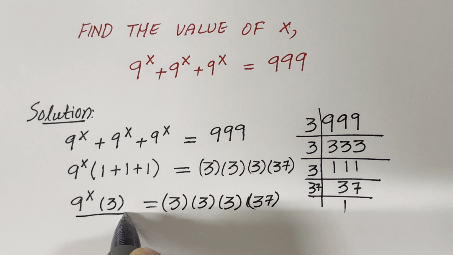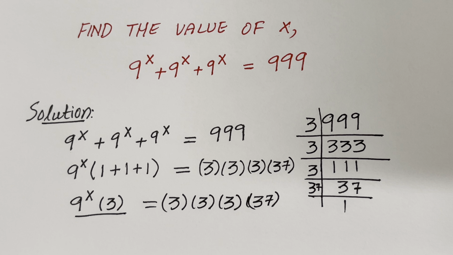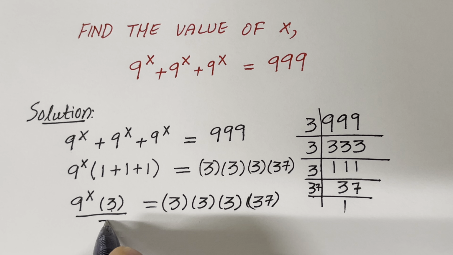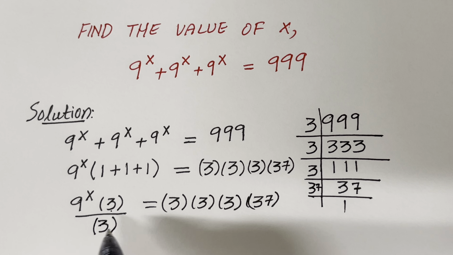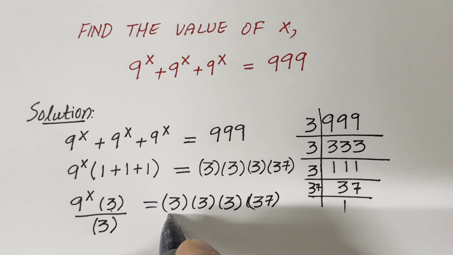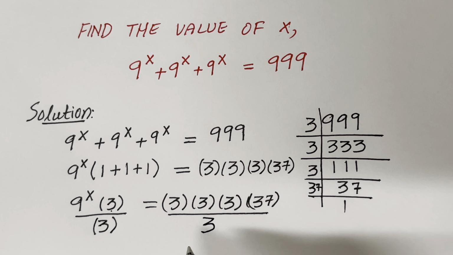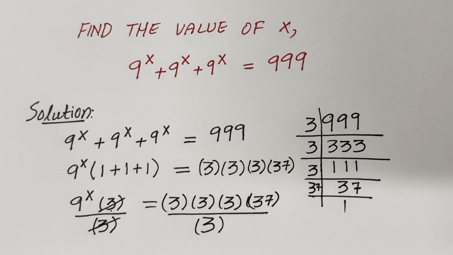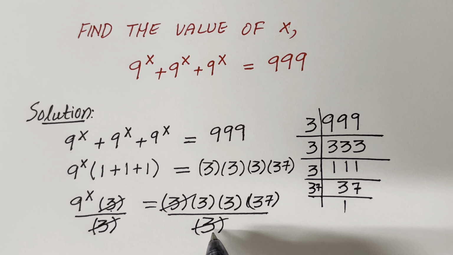The first thing that we can do is get rid of this 3, and we can get rid of it by dividing by 3 on both sides. So this 3 will be cancelled with this 3, and we have three 3s here, so one of them will be cancelled with this 3.